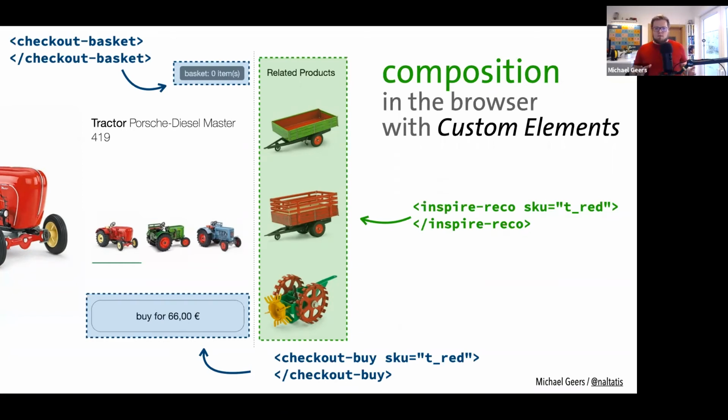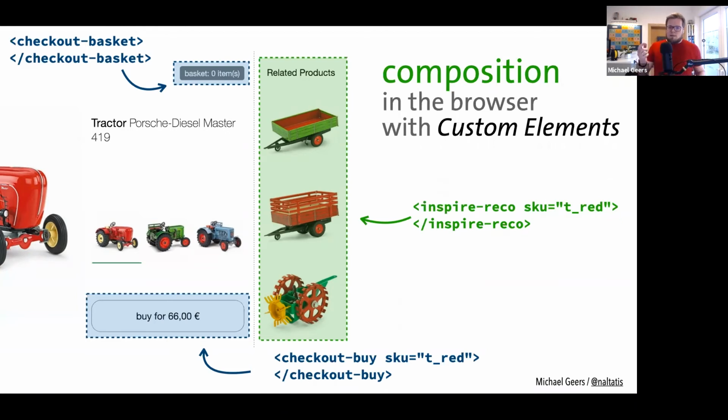So the team who owns the product detail page, in the places where it wants to include a fragment, doesn't need to fetch the markup, but it just includes a web component, which is then owned by another team. So let's look at the related products box, the green one on the right side.